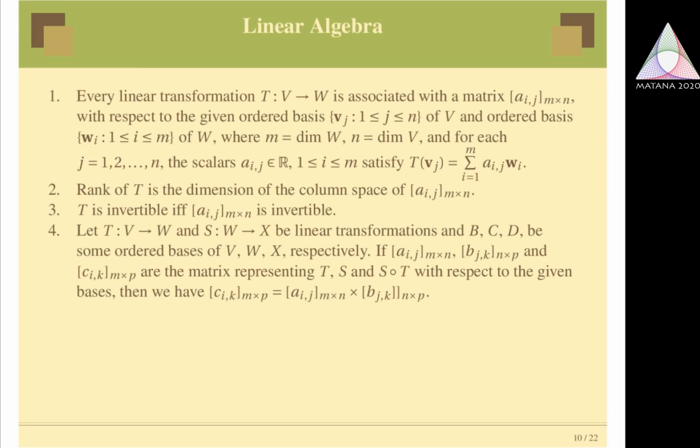More precisely, if T is a linear transformation from V to W and S is a linear transformation from W to X, and B, C, D are some fixed ordered bases of V, W, X respectively, then the matrix representing S composition T is Cik, which is obtained by multiplying the matrices representing T and S.